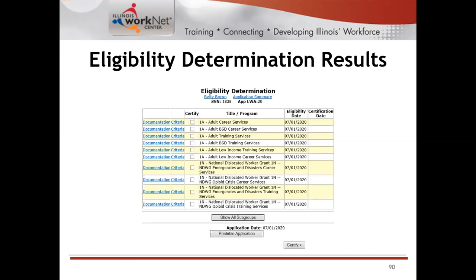Any supportive service provided to someone to participate in the disaster relief employment activity, whether it's childcare, transportation, or work clothing for that disaster job, whatever helps them participate in that disaster relief job, should be under the new code being developed, disaster relief employment supportive services. And then if, for example, they go on to get employment and training services and you're providing supportive services for them to go to training, then you would use the regular supportive services code that you're used to using in your regular employment training services.